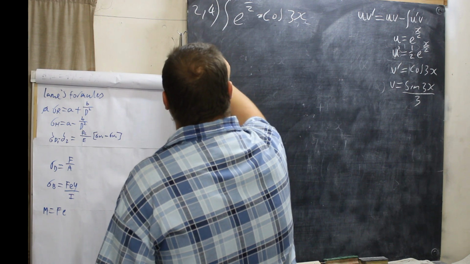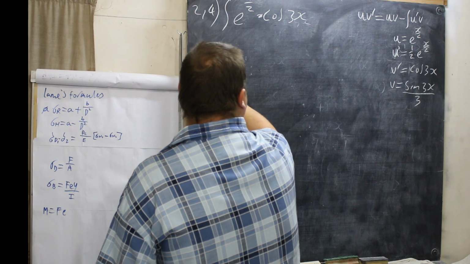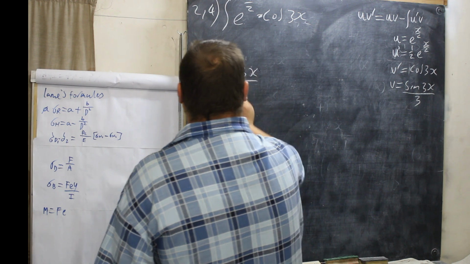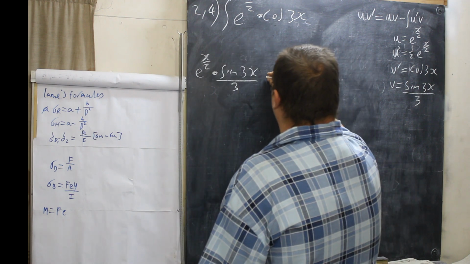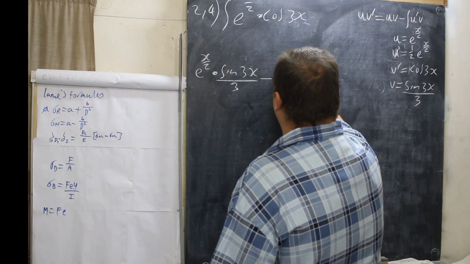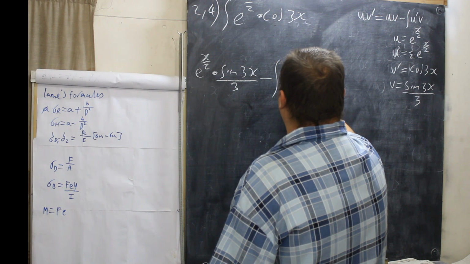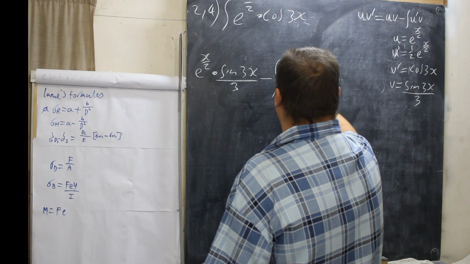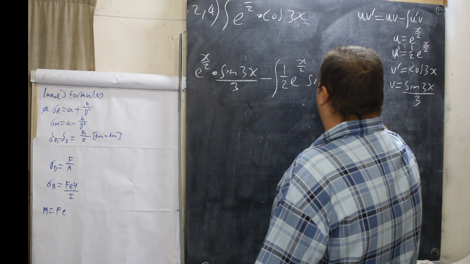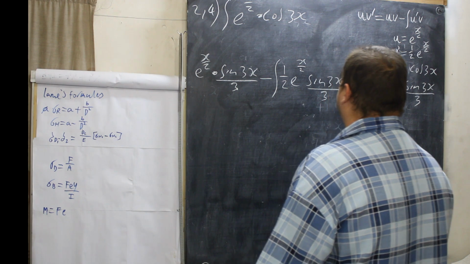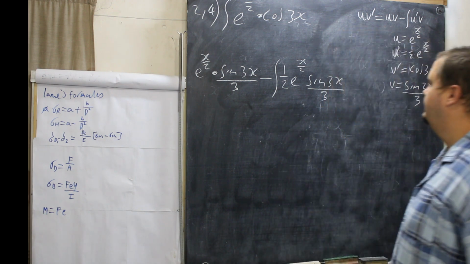Okay, so now what we have is e to the x over 2 times sine 3x over 3, minus the integral of a half e to the x over 2 sine 3x over 3. Right.